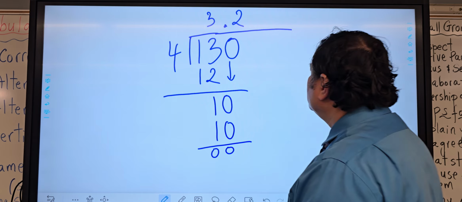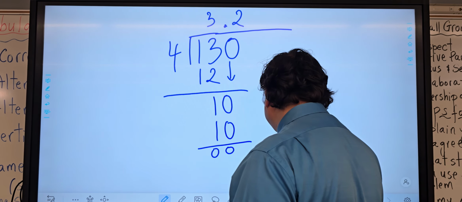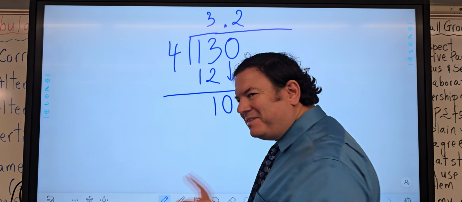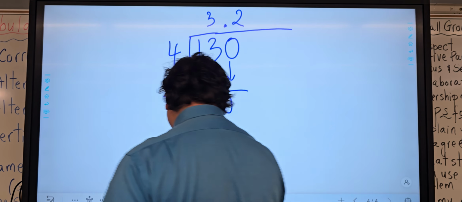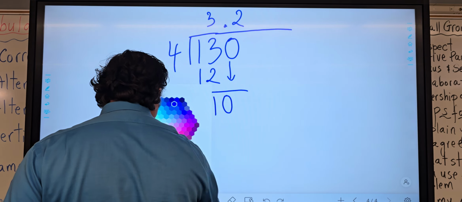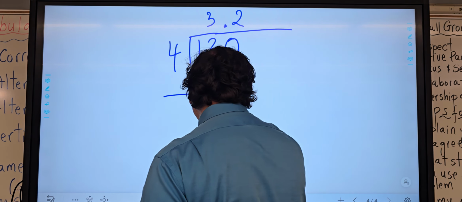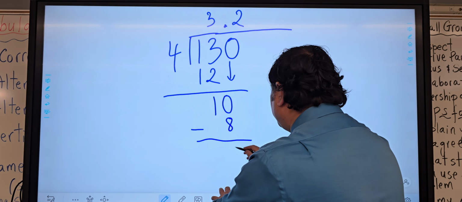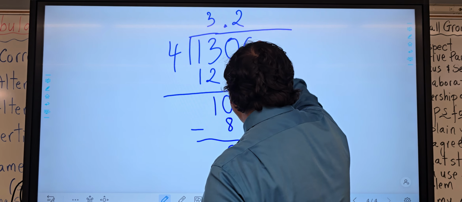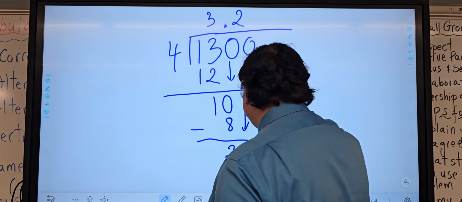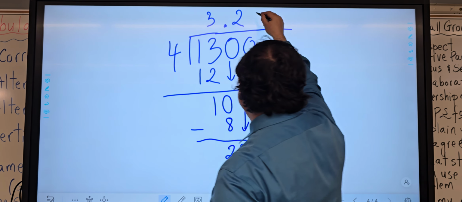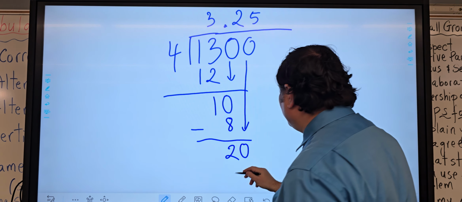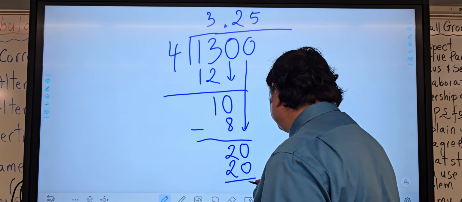Again, 2 times 4 equals 8. Not 10. 8, okay? Be careful. Just check it. 2 times 4 equals 8. Let's subtract. 10 minus 8 is 2. Now add another 0. Bring it down. And finally, 4 into 20, 5 times. 5 times 4 equals 20.